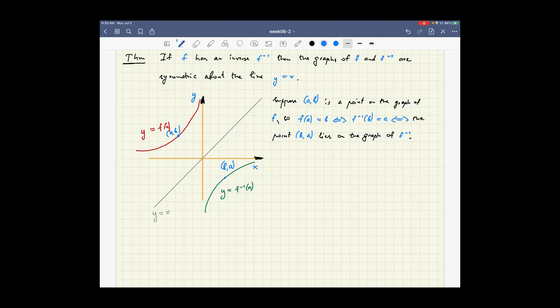Our goal is to explain that a comma b and b comma a are symmetric about the line y equals x.